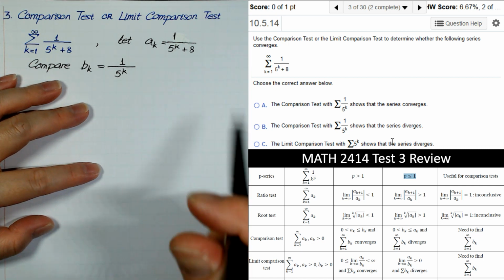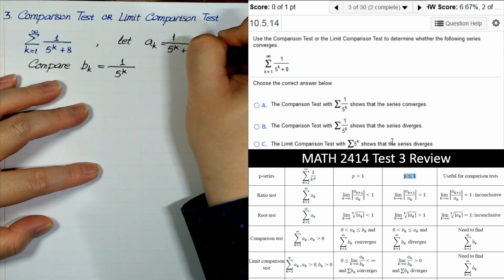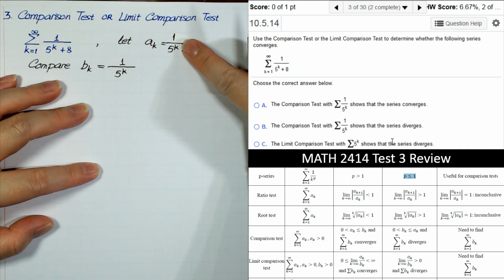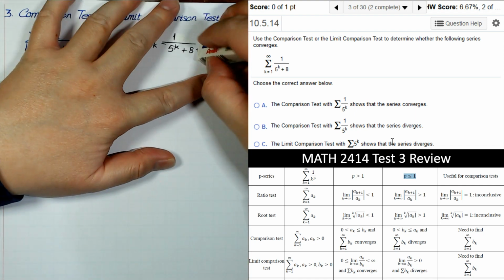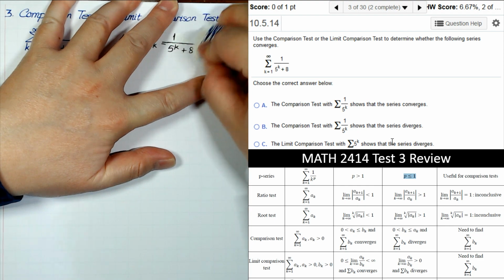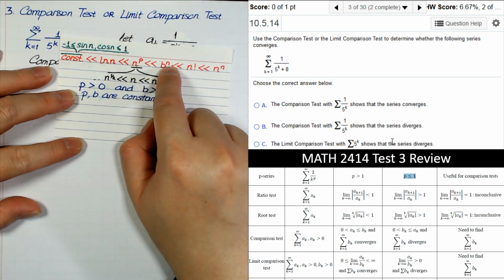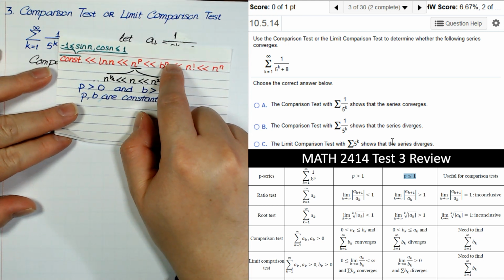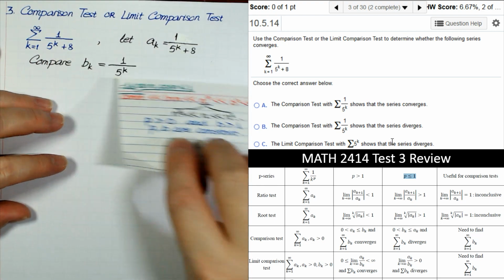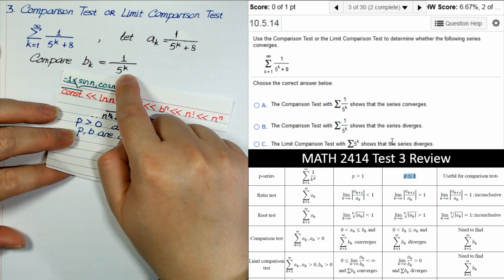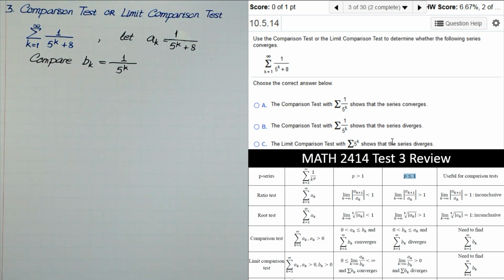So even if we have h of k, let's say k to the 5th, we still ignore that, because 5 to the k power ranks higher than k to the 5th. Onto this list, the one where the index is on the exponent is higher than the one with the index at the base. Right, so that one is greater than k to the 5th. Regardless, we just compare to that.